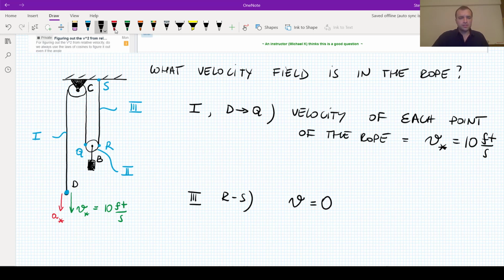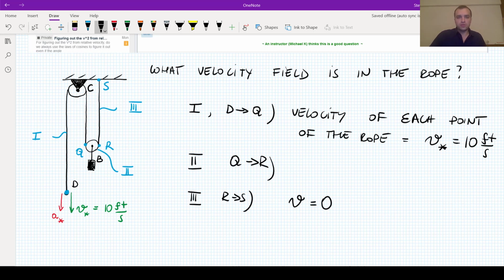Okay, and something interesting happens between point Q and R. In here, these points of the rope have different velocities.